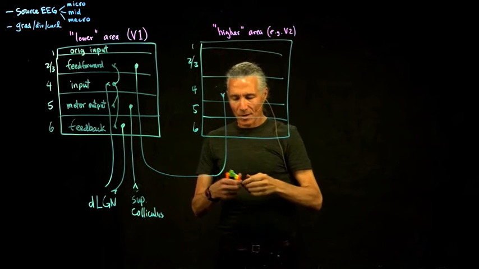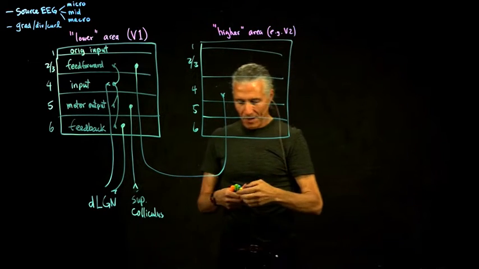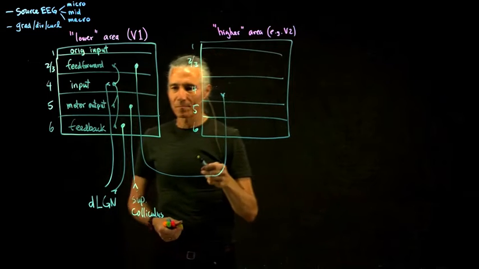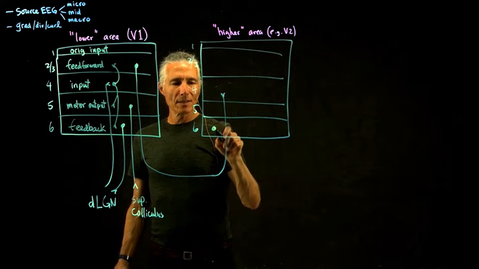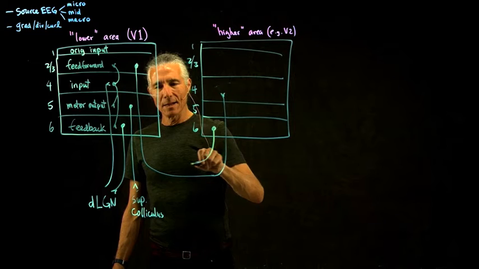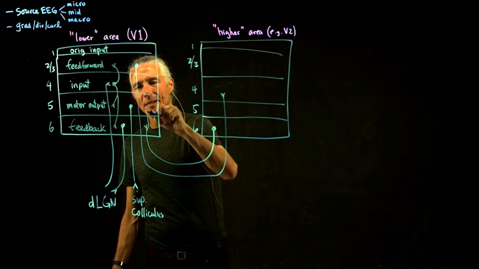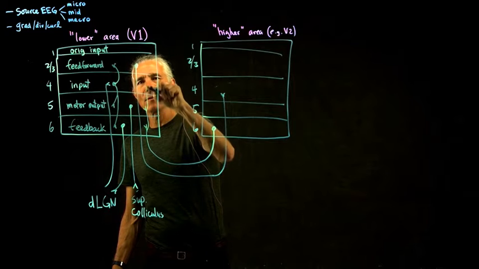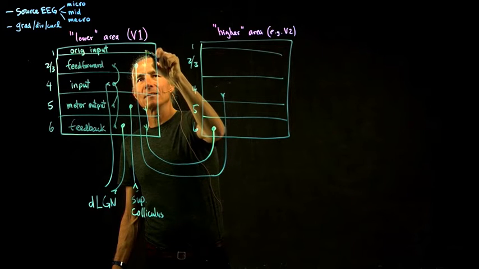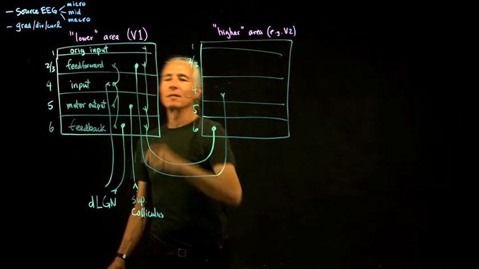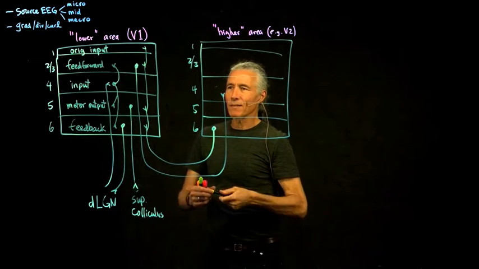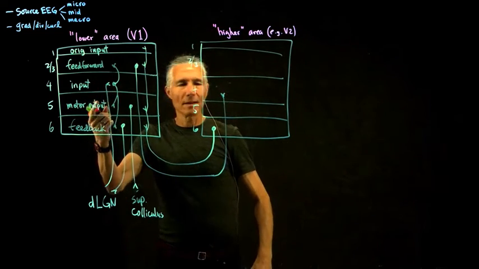And similarly, there's feedback coming from it. Feedback will come out of layer 6, and it will come back and synapse on everything but layer 4. So it'll skip layer 4 and synapse on all the other layers. It's kind of respecting the fact that layer 4 is the input layer.